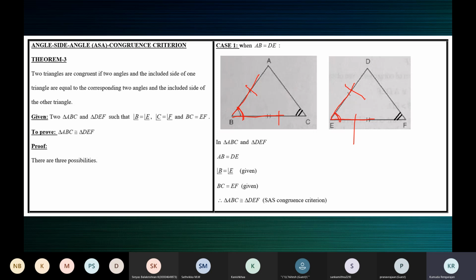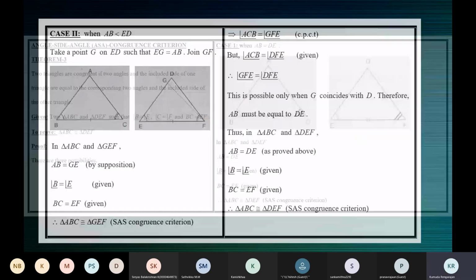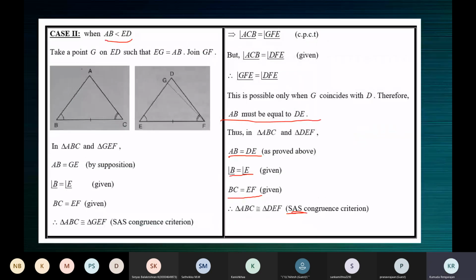The three cases you can think of are: AB equal to DE, AB less than DE, or AB greater than DE. When AB is equal to DE, the triangles are directly congruent by the SAS rule. But when AB is less or greater than DE, we take a point G on ED or ED produced.